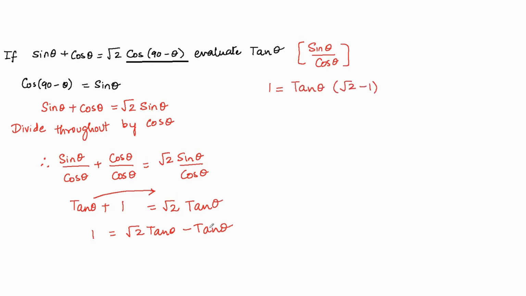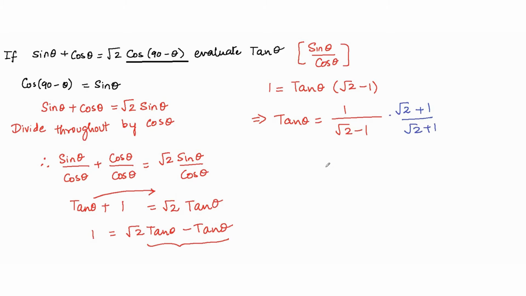Taking tan theta out as common in the RHS, I can write it as 1 equals tan theta into root 2 minus 1, which means tan theta is equal to 1 divided by root 2 minus 1. So now I will multiply the numerator and denominator by root 2 plus 1.